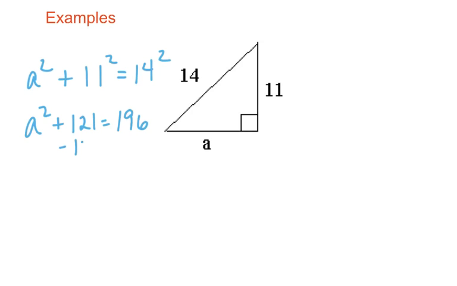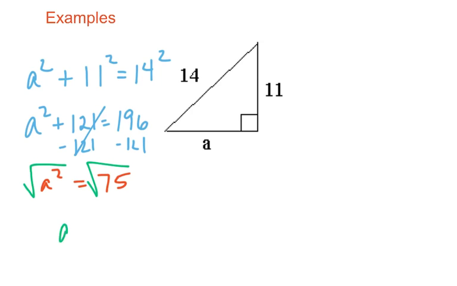Then we got to subtract 121. That gives us a squared is equal to 75. And then again, to find a, you take the square root of 75, and a is approximately 8.7.